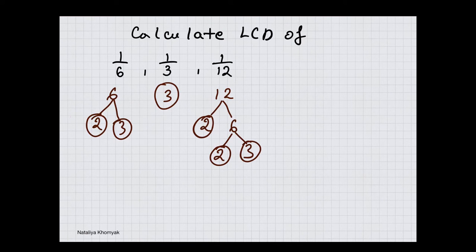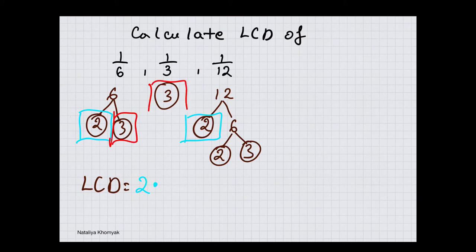Once you have all the primes, you can calculate the LCD. So we need a 2, and it has repetition over here. So 2 times, we need a 3, it has repetitions in each of the numbers, and we need this extra 2 to make 12. So 2 times 3 times 2, we have 12 as the least common denominator.